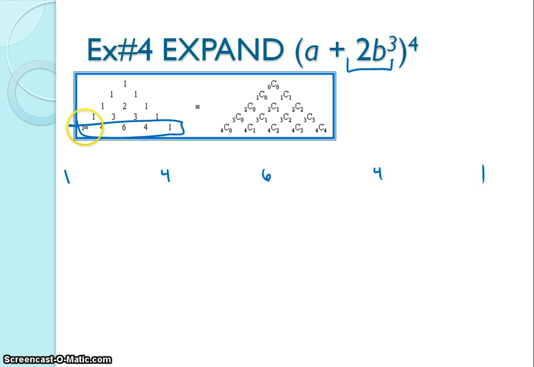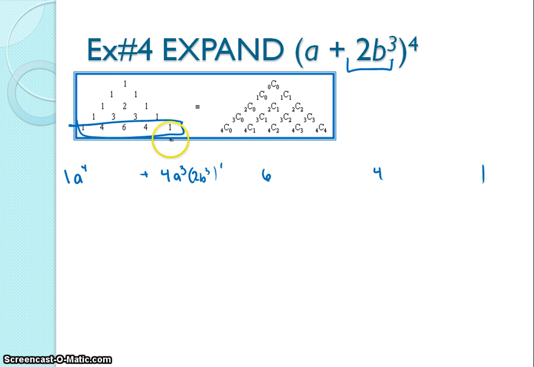So I write out my binomial coefficients, that row of Pascal's triangle. And I take this first term, whatever it is, raise it to the 4th power, and that to the 0 power, which I don't need to write. And then I have a to the 3rd power times the whole thing, 2b cubed, to what power is it going to be? To the 1, because it was to the 0 and then to the 1.